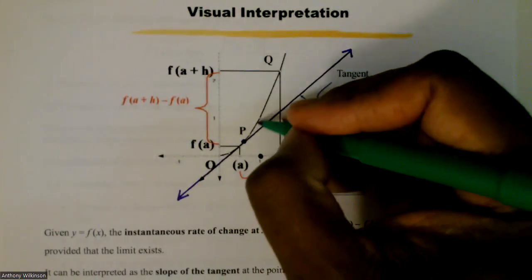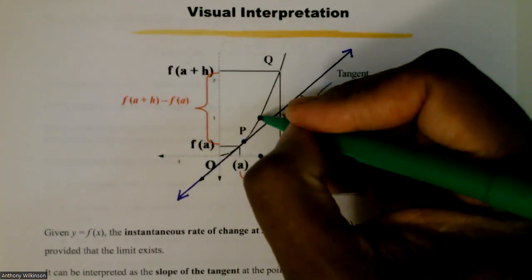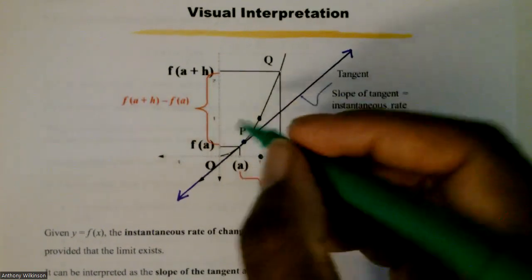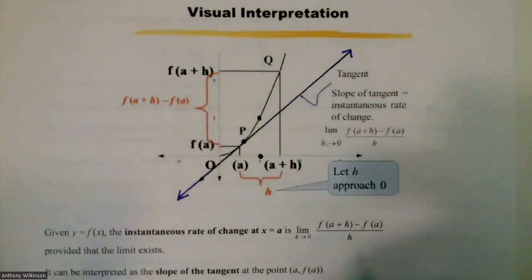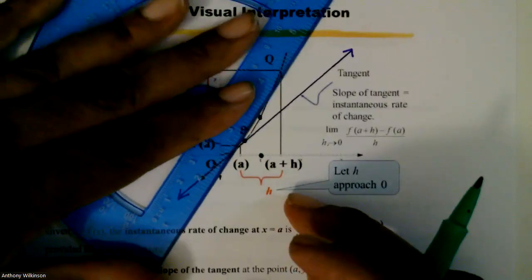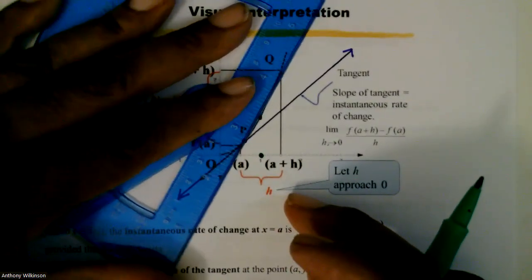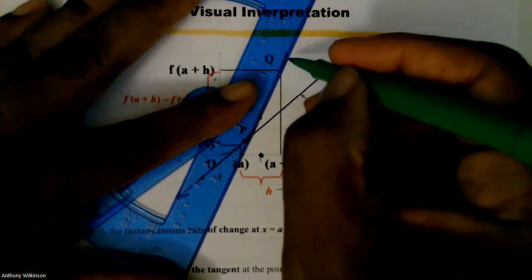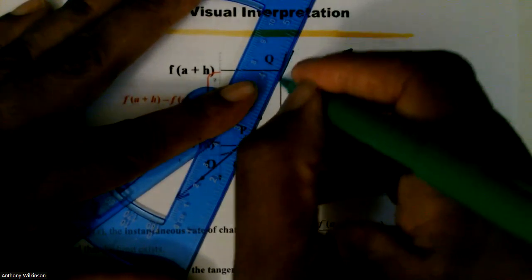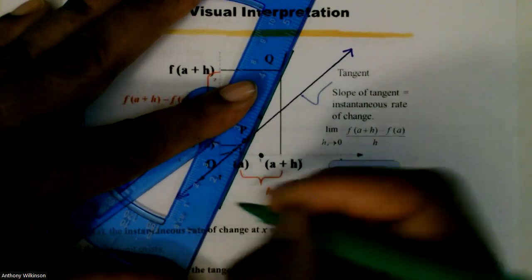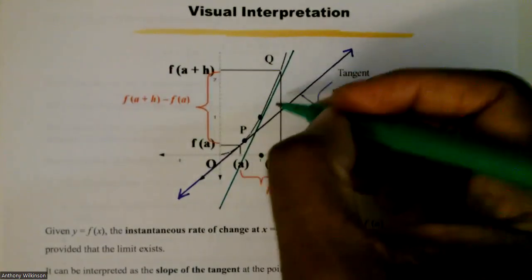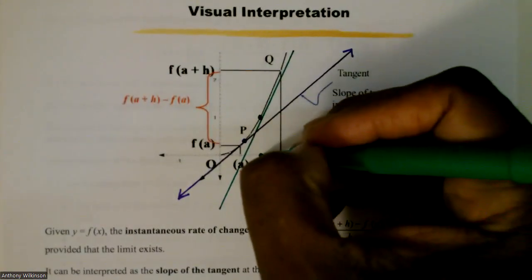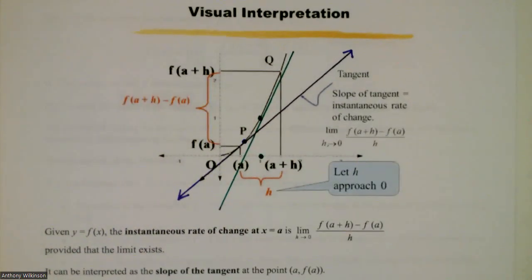That would mean that this point will fall right here on the curve. Actually, we're just going to be drawing tangent lines. So here's a tangent line right here on that point that I've chosen.